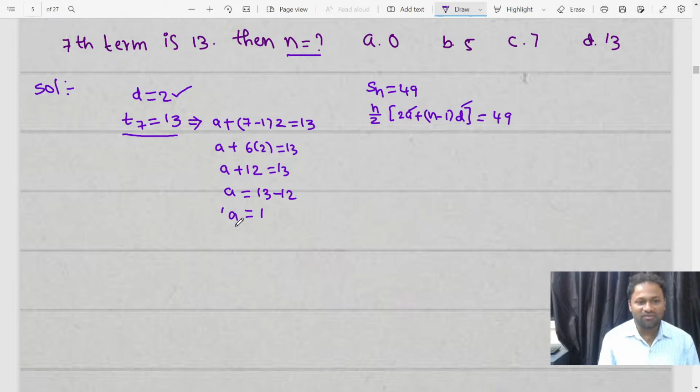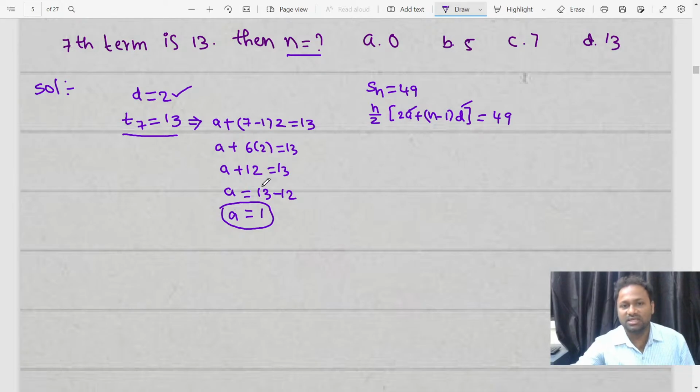I got the A value. See how easy it is. Actually, to understand the problem, I am writing step by step. If you do direct steps it will become easier, but to understand I am doing some more steps. That is the difference. So I got the a value. 7 minus 1 will be 6, and 6 2s are 12, the plus 12 will become minus 12. 13 minus 12 is 1. I got D as well as A.